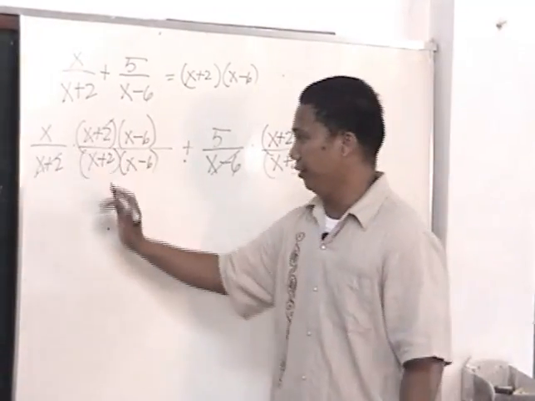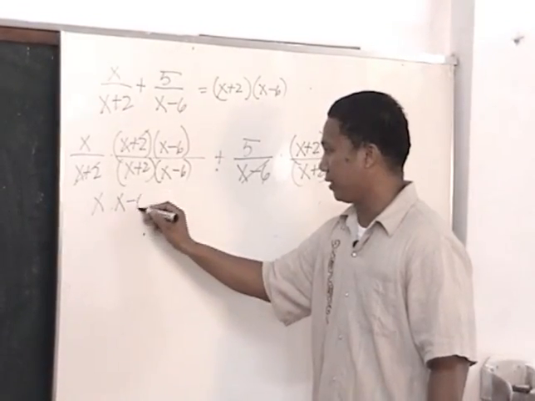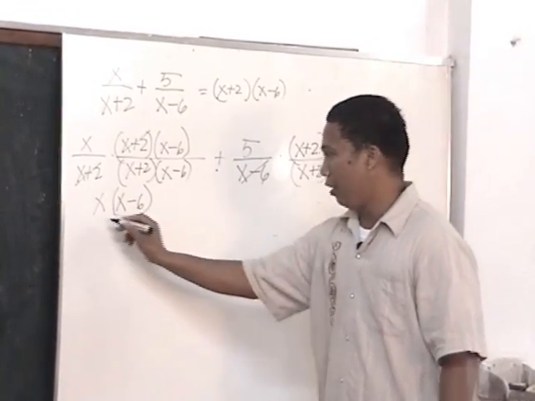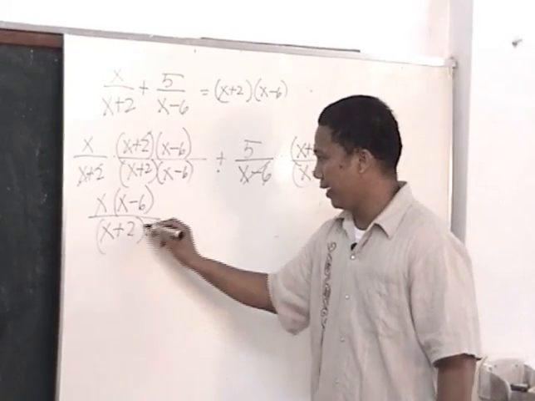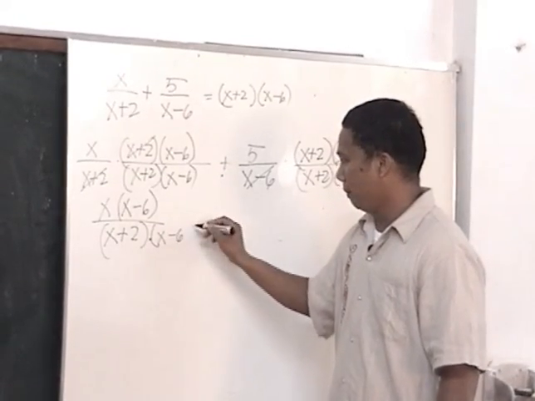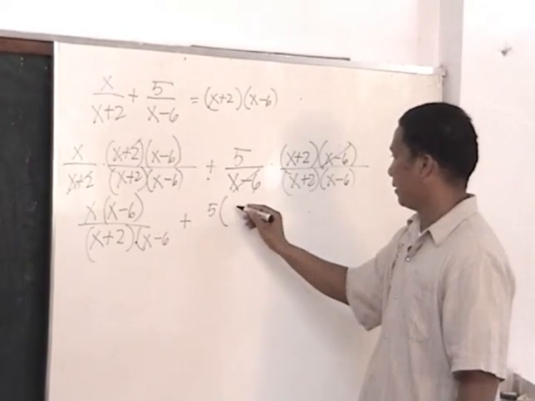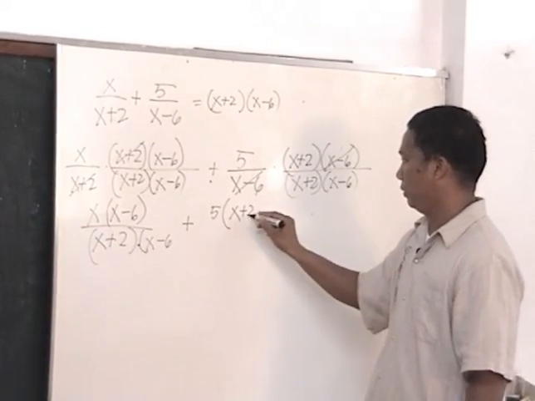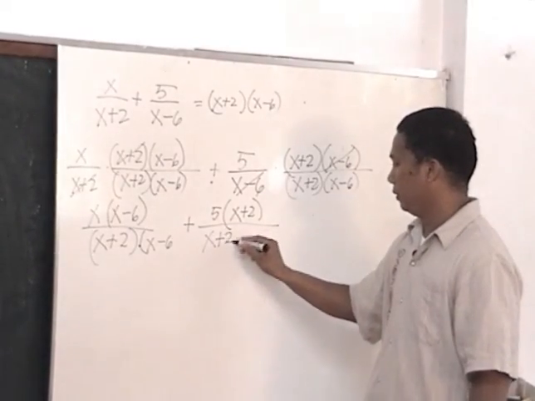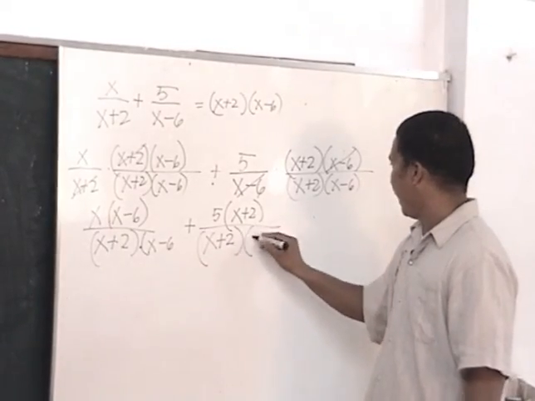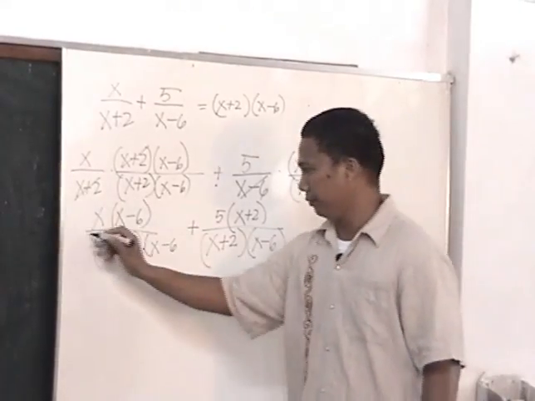So we have to continue. We have x times x minus 6 over x plus 2 and x minus 6, plus 5 times x plus 2 over x plus 2 and x minus 6. So we can simplify now.